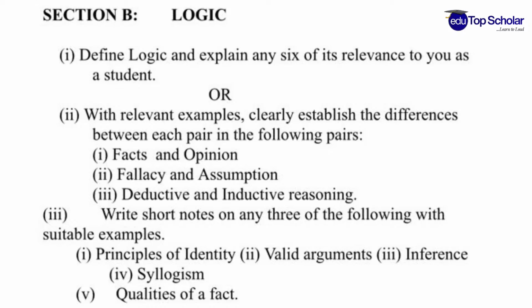At this point, let me just take time to explain this one. Inductive and deductive reasoning. All right. So, what is deductive reasoning? Deductive reasoning is the type of reasoning where the premises or the reasons support the conclusion. For example, when we say something is deductive, it means that the reasons given support the conclusion.